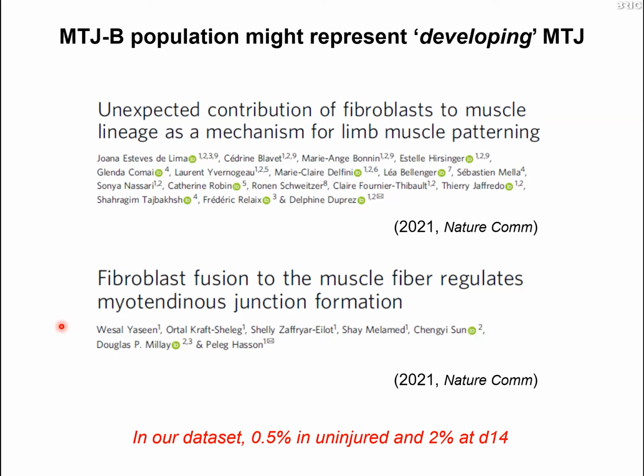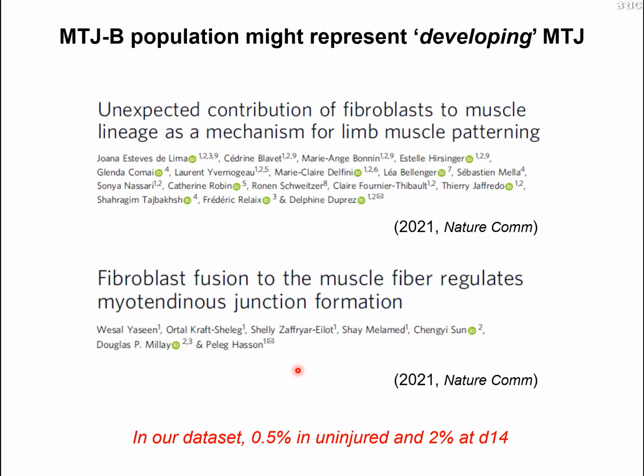And we are really delighted to see back-to-back papers from Delphine Duprez's group in Paris and Peleg Hasson's group in Israel, who together showed that during development, there is a specialized subset of fibroblasts that selectively fuse to the end part of the developing myofiber. And these nuclei in the future become the myotendinous junction nuclei.